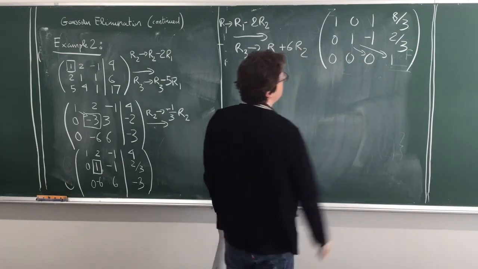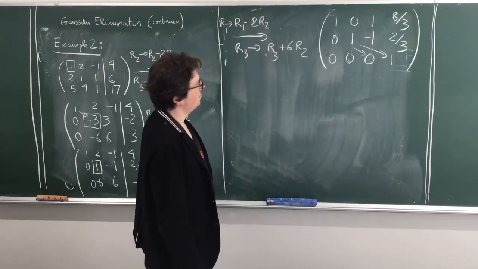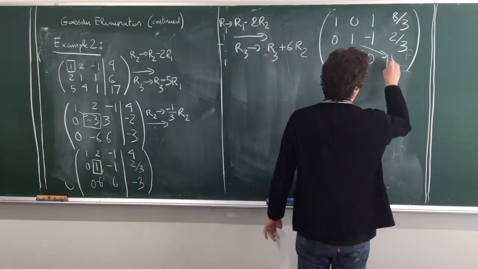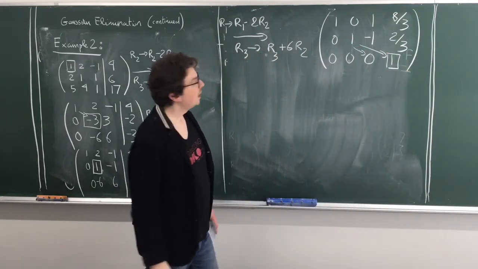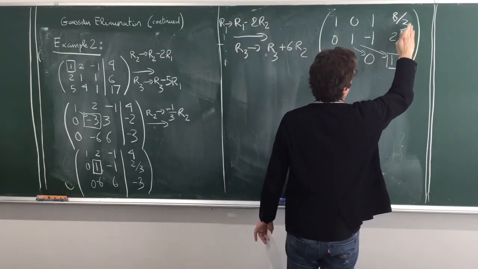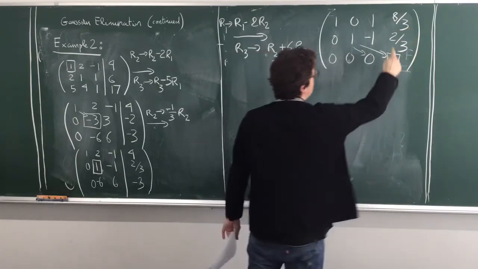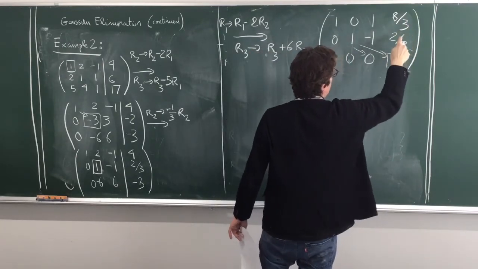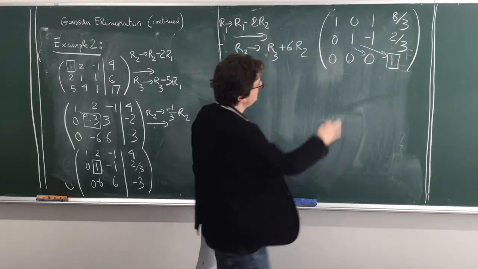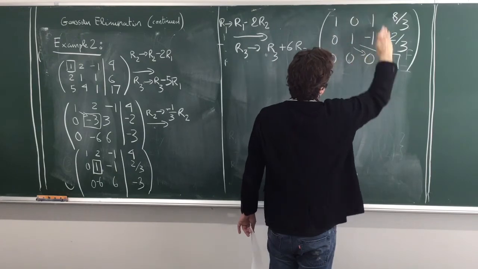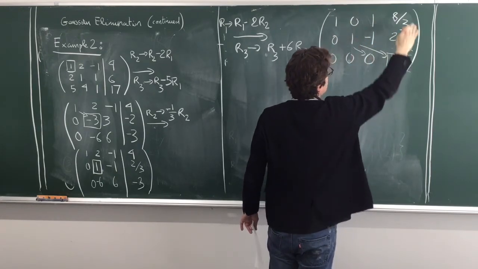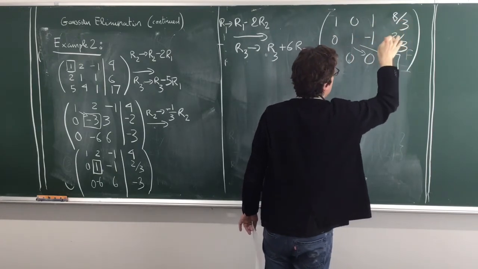So this is almost REF form. This is the pivot of our last row, and therefore the last two operations are to replace these by zeros. Because here we have only 0, these entries will not be modified, and this will be modified to 0.